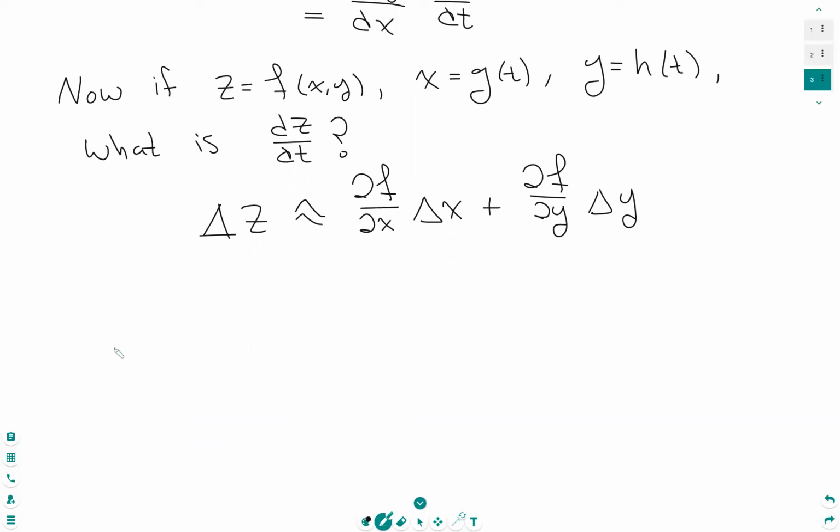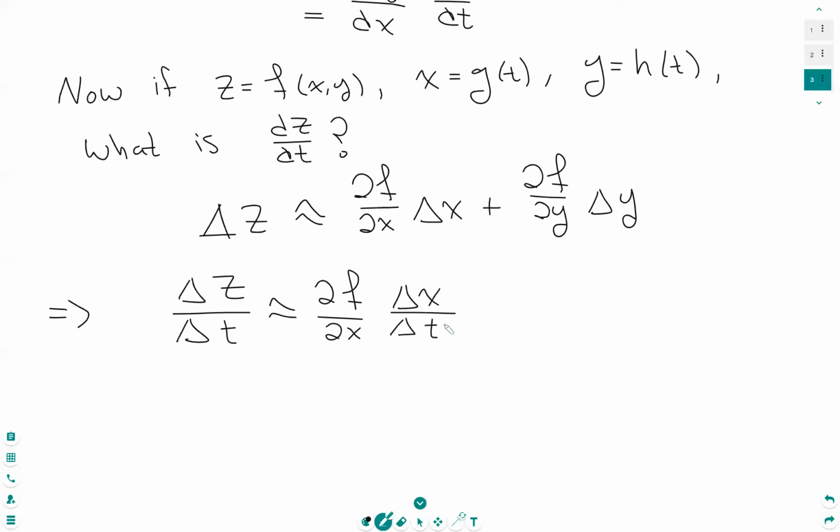So from this, if we divide both sides by a change in t, this is approximately partial f, partial x, change in x over change in t, plus partial f, partial y, change in y over the change in t.